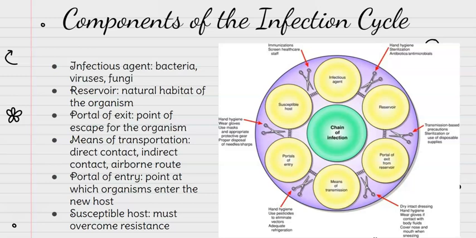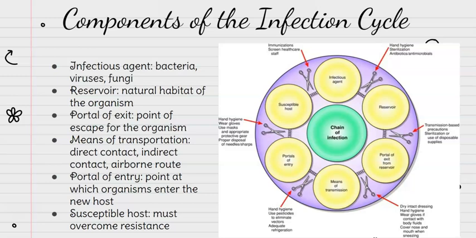So, for example, a pathogen can thrive in animals, soil, food, water, milk, inanimate objects. It just depends on what it is. Common portals of exit are respiratory, gastrointestinal, genital urinary tract, breaks in skin, blood, and tissue.